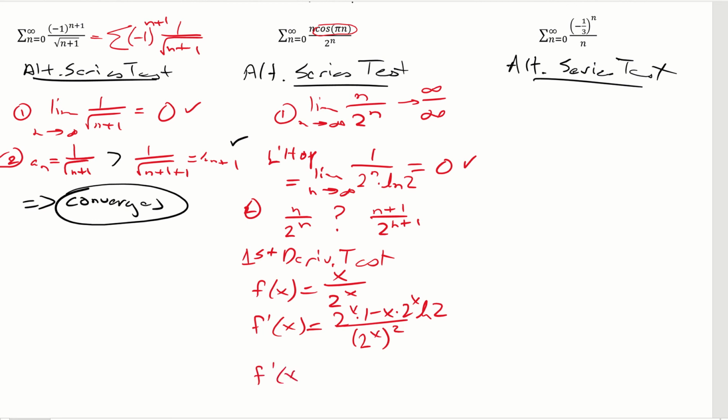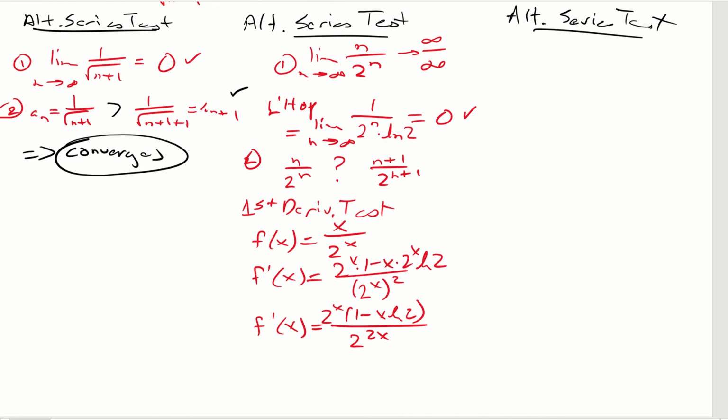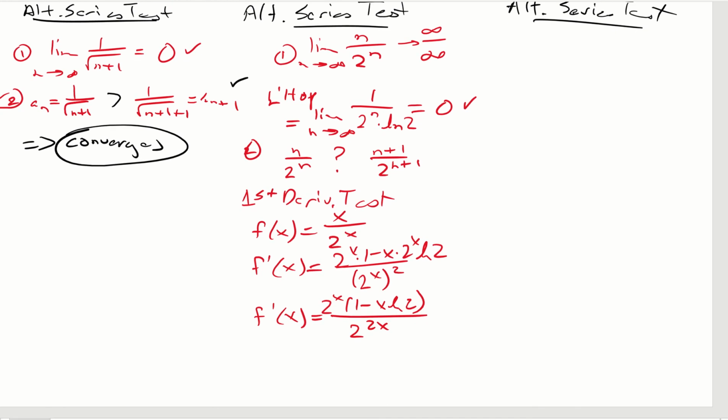So f prime of x is, take out 2 to the x, and inside here you've got 1 minus x ln 2 all over 2 to the 2x. Okay, and you can cancel those powers if you want. Really, I think the nugget of truth is right here.